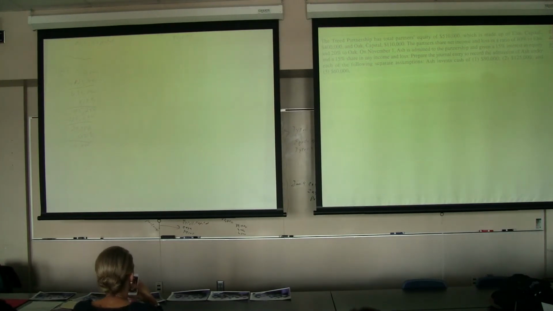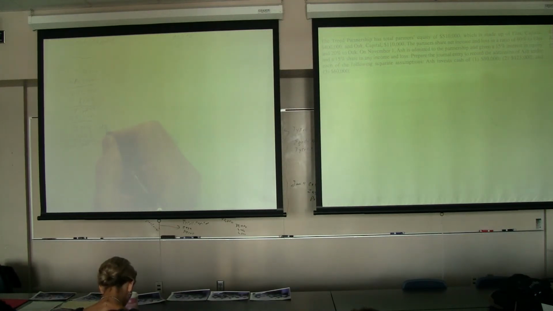Then we take the 29,750, multiply it times 20%, that comes out to be 5,950.